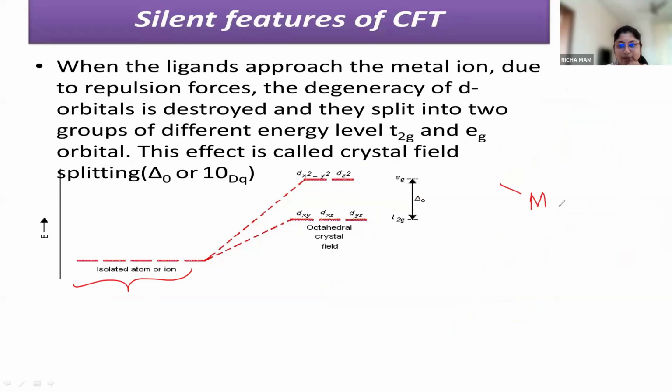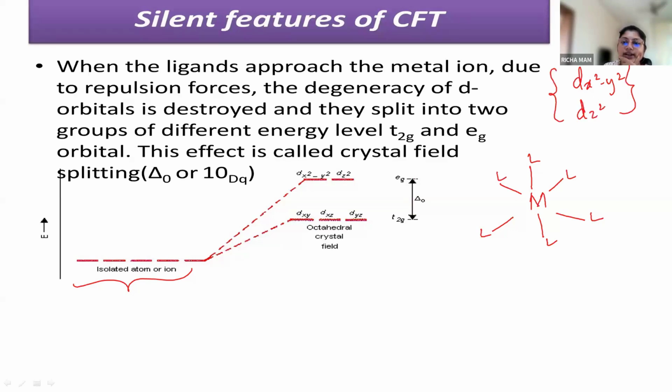Now, when the ligand is approaching the central metal ion, what will happen? The orbitals which are on the axis, that is dx square minus y square and dz square, when they come in contact with the ligand, will experience more repulsion.